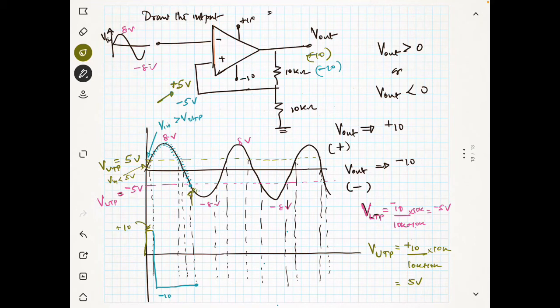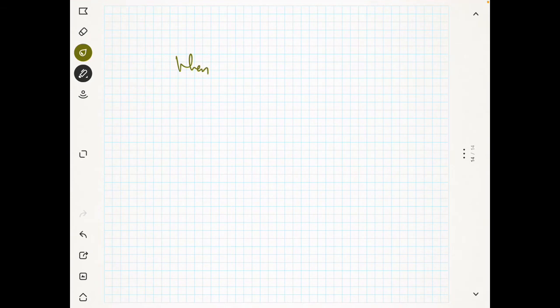That means your input is going below your LTP. Whenever input becomes less than VLTP, what will Vd become?